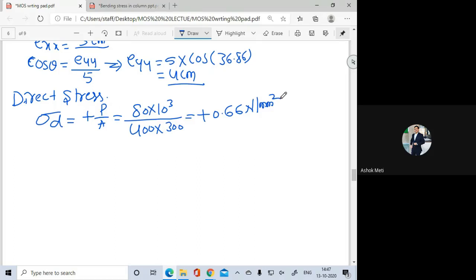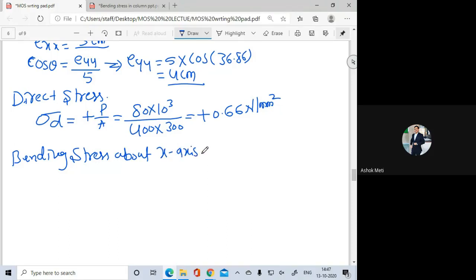Similarly, now I want to calculate the bending stress about the x-axis.